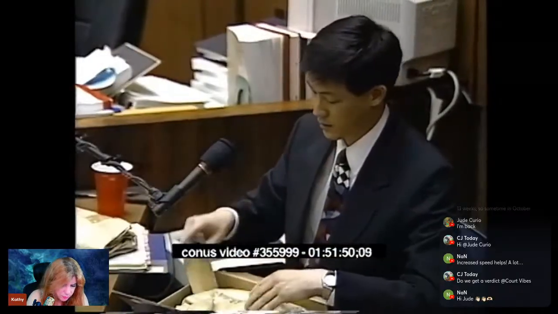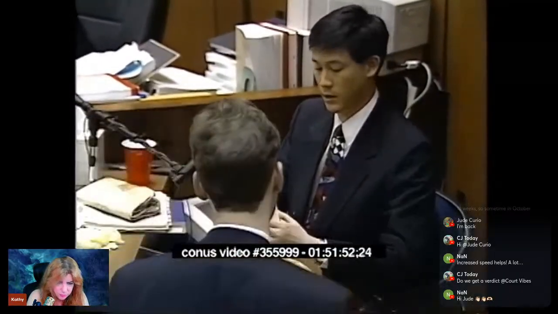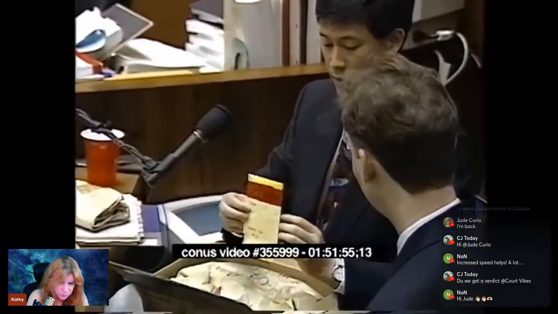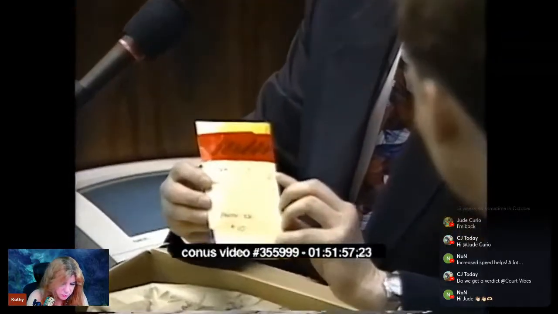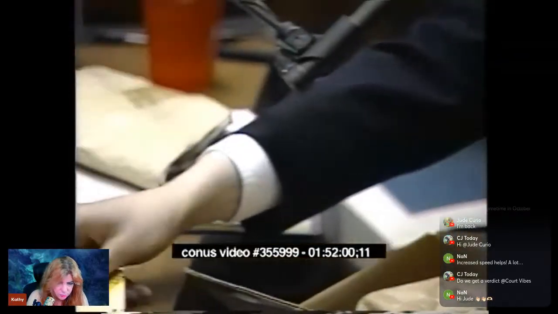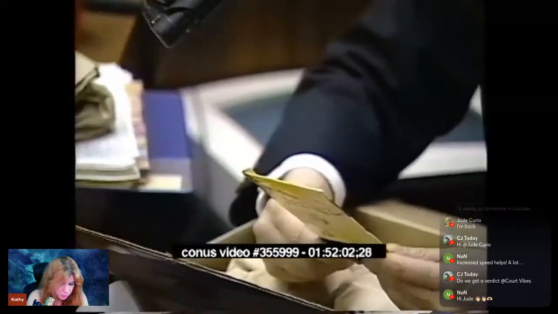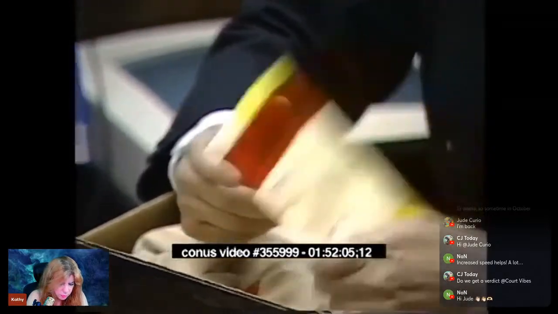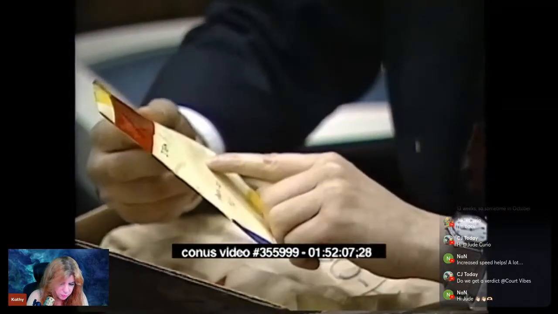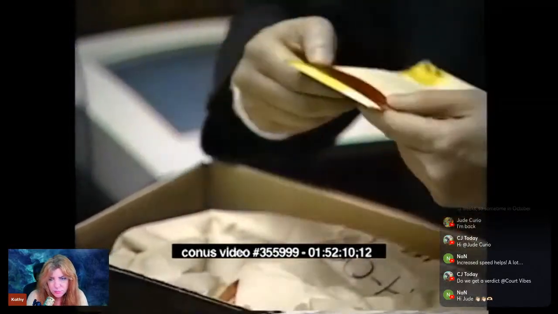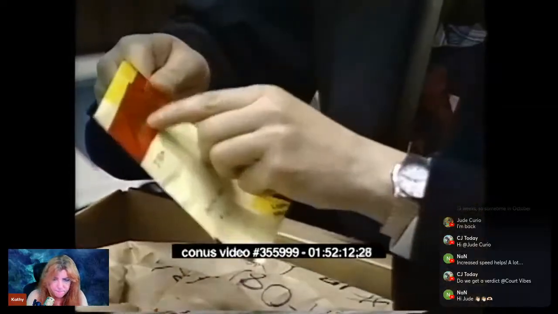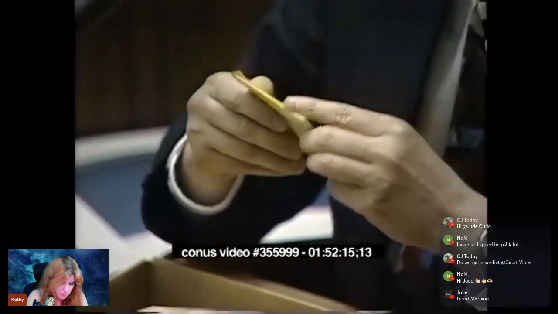In the box, there is a coin envelope with item number 10. Do you recognize anything on that? Yes, there is the item number 10 and my initials. And underneath the tape, I can kind of make out the DR number.